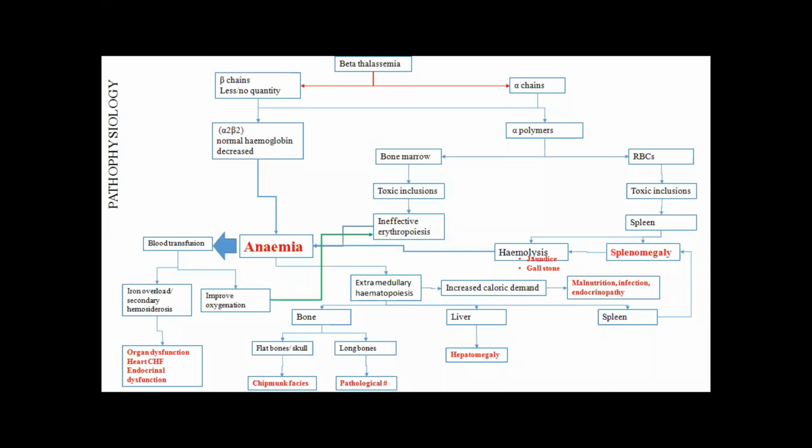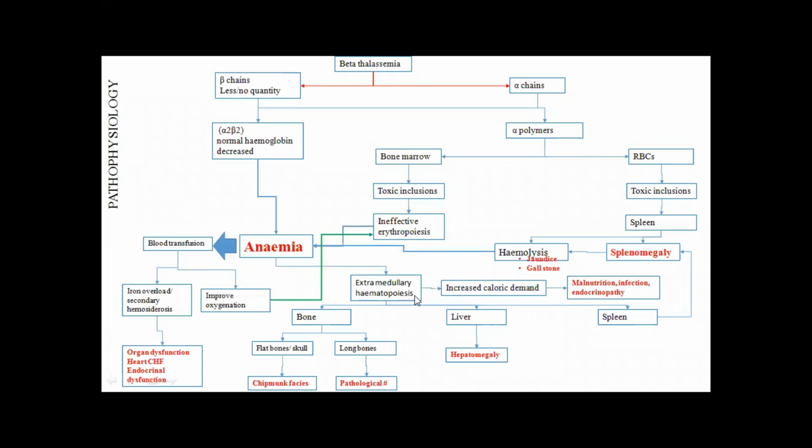Three of the extramedullary sites we are well aware of: the bones, the liver, the spleen. If there is extramedullary synthesis in the spleen, the spleen will enlarge in size, leading to splenomegaly. More splenomegaly, more hemolysis, more anemia. So it is again a vicious cycle.